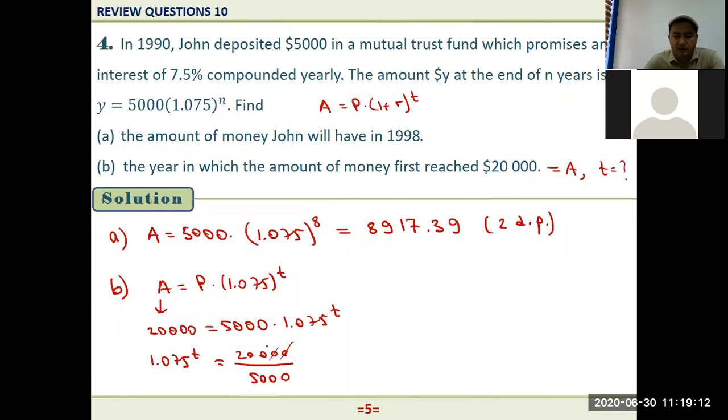Simplifying, 20 over 5 is 4. So 1.075 to the power T equals 4.